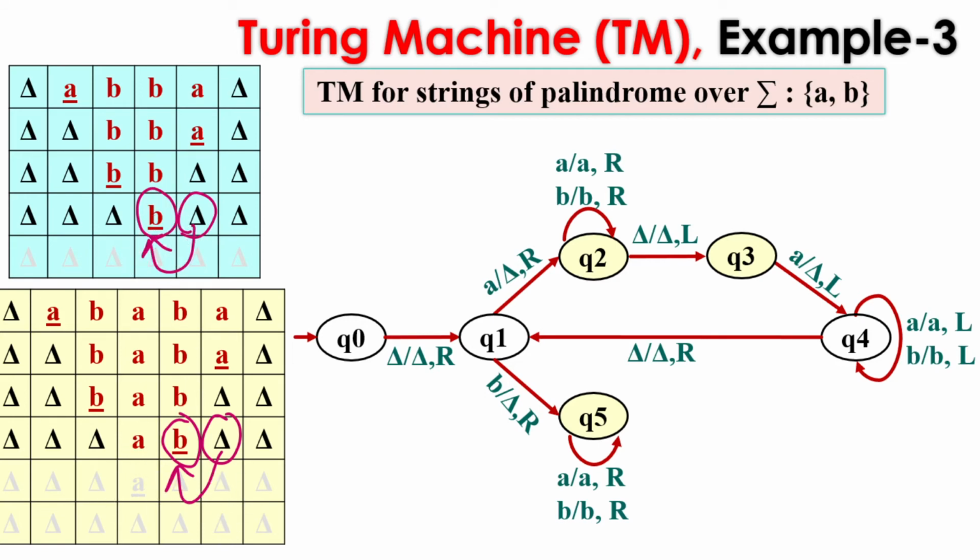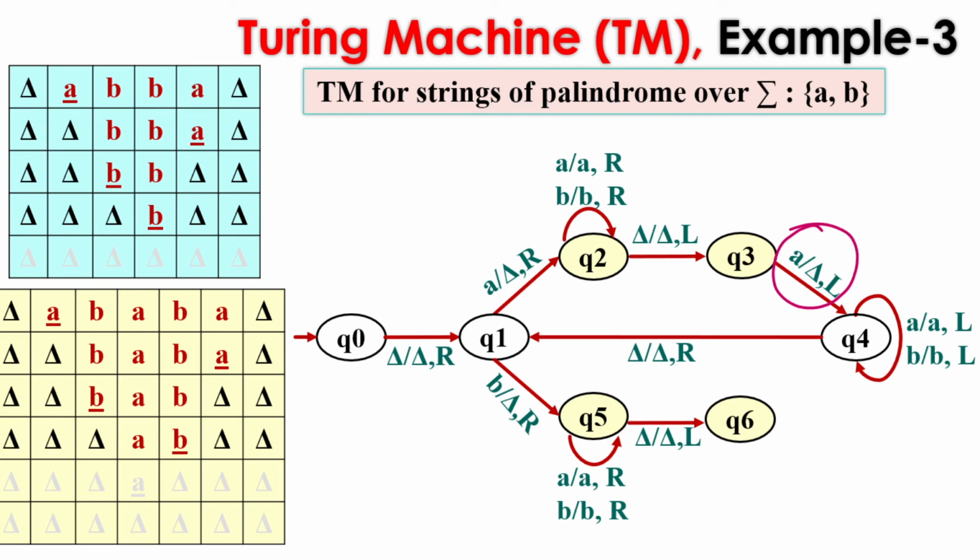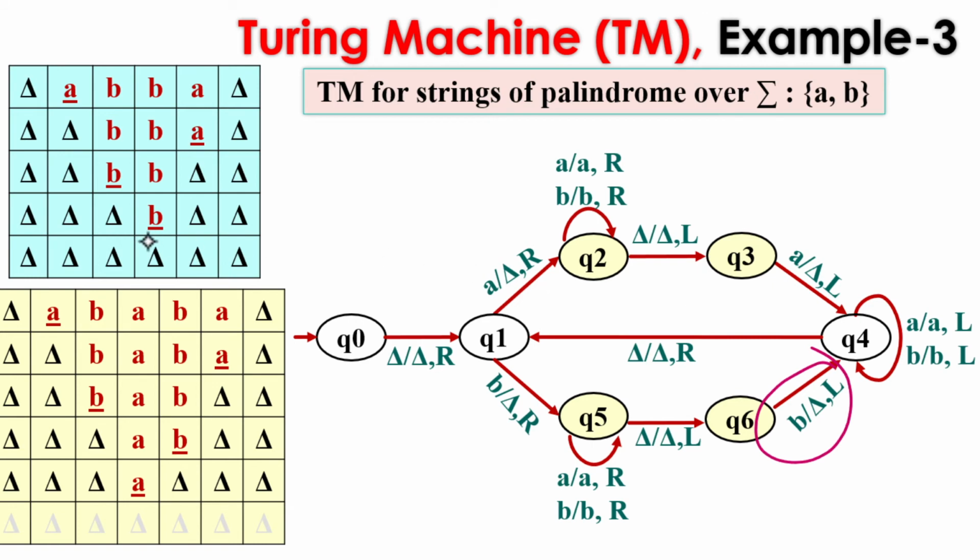Here we have the same transition as we have for the A. By replacing null with null, now we are pointing to the rightmost B of the input string. After this, we just need to replace B with a null, like we have replaced the rightmost A with a null. So here we have replaced the rightmost B with a null.